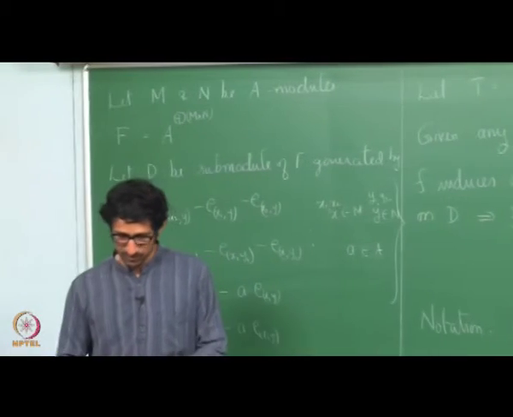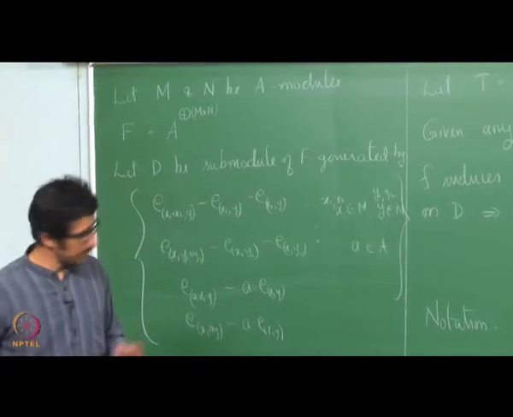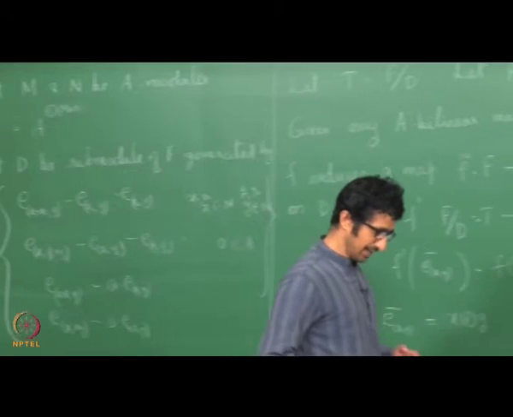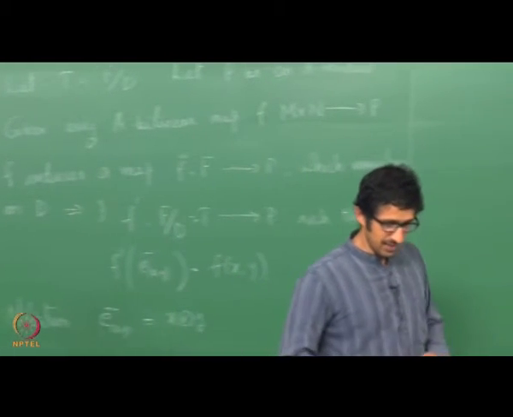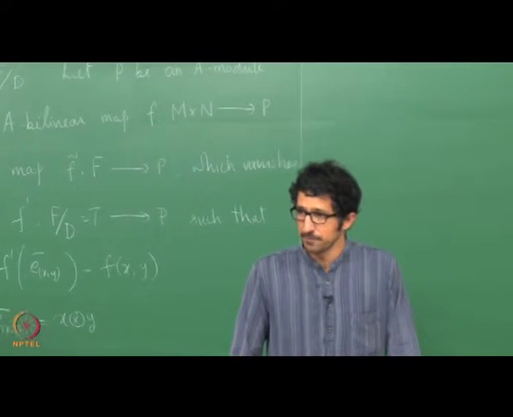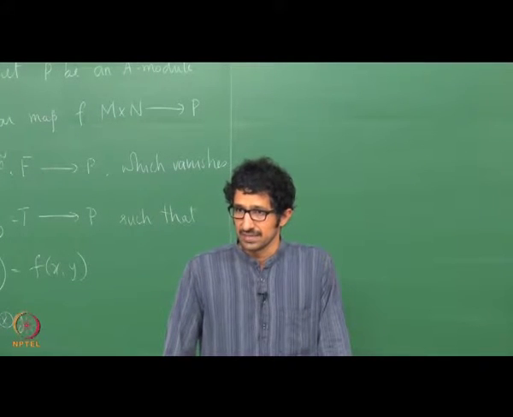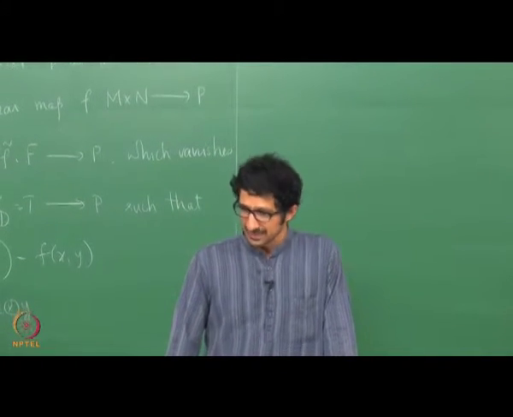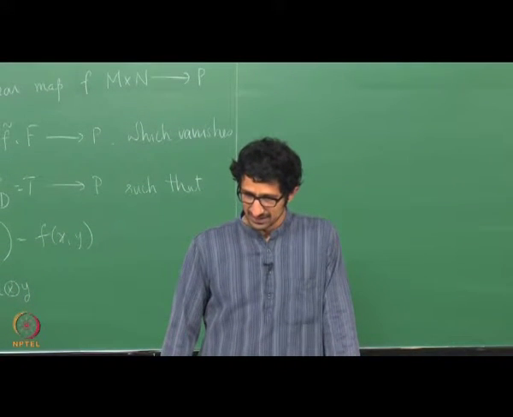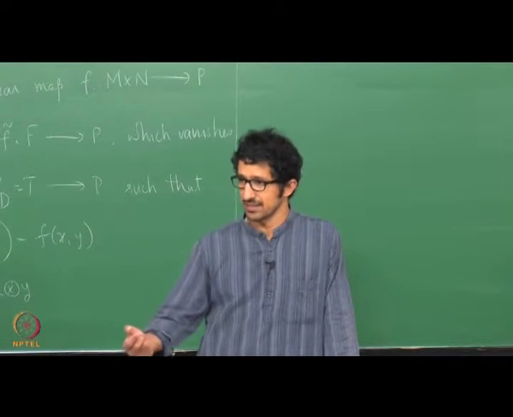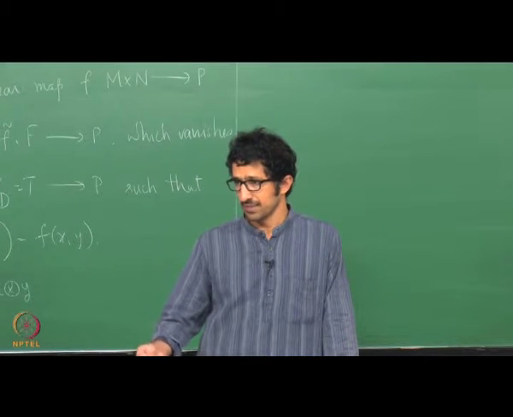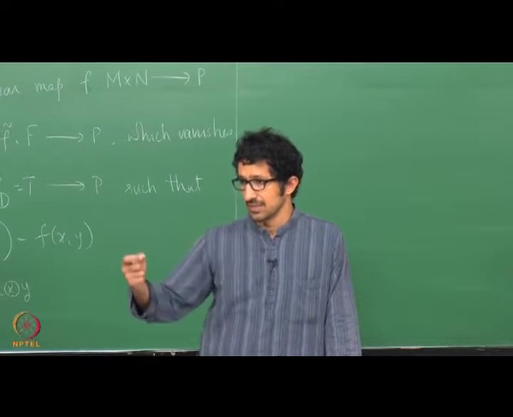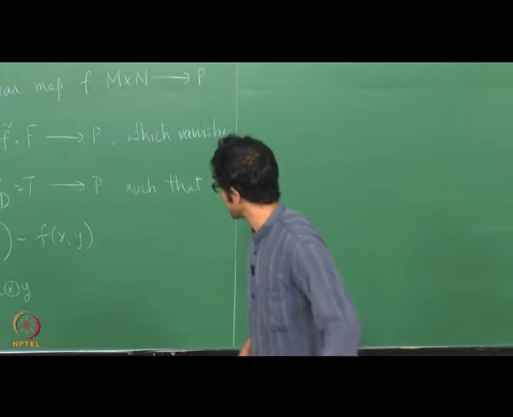So, the main motivation is precisely what we said in the beginning, that given a bilinear map from M cross N to P, there exists a unique module through which it filters. What exactly do you mean by filters through?